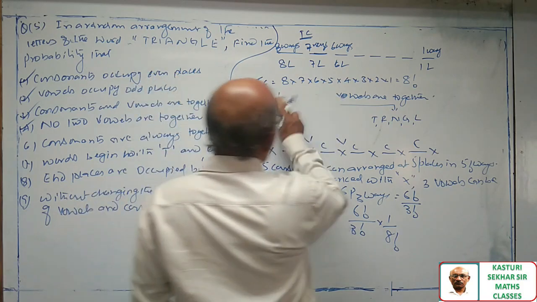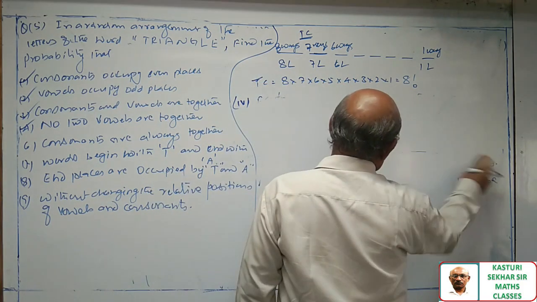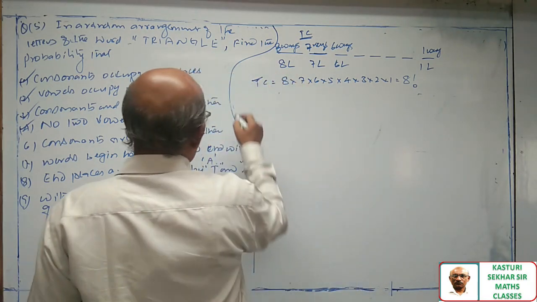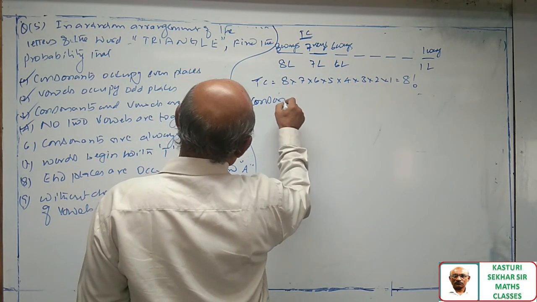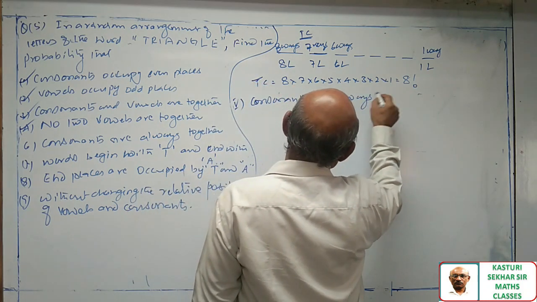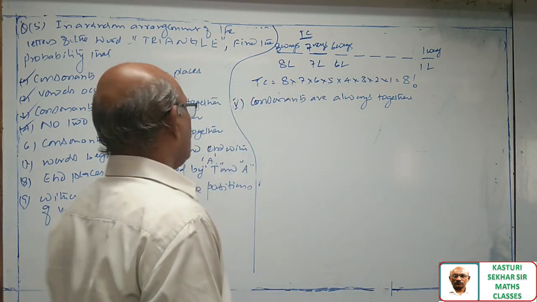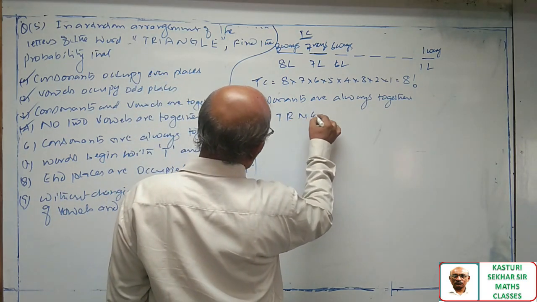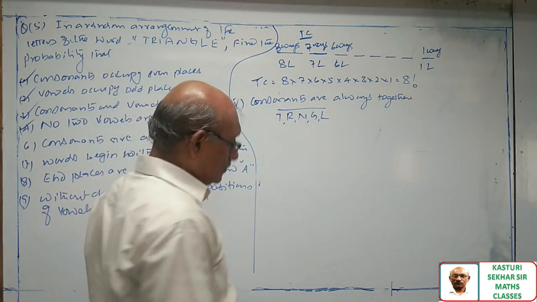Okay. Next. Fifth question: consonants are always together. This way, put consonants in one bracket.